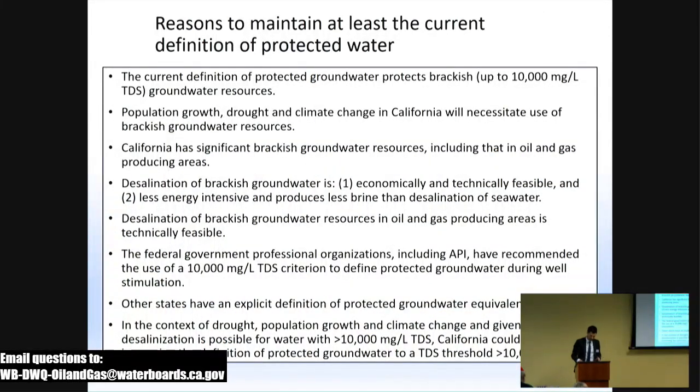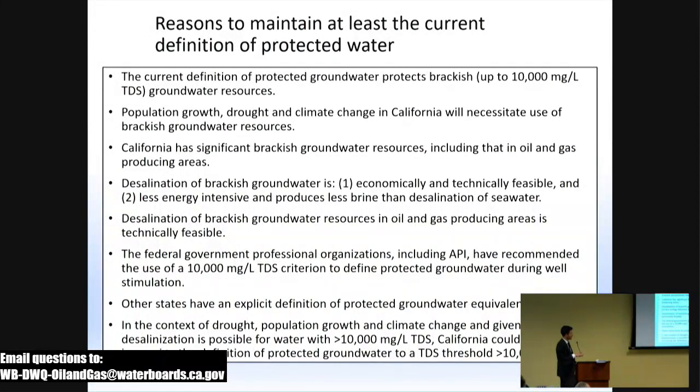I'm going to jump quickly to the punchline, or my punchline at least, in terms of the reasons to maintain at least the current definition of protected groundwater. The current definition protects brackish groundwater resources, which is important to the state of California.